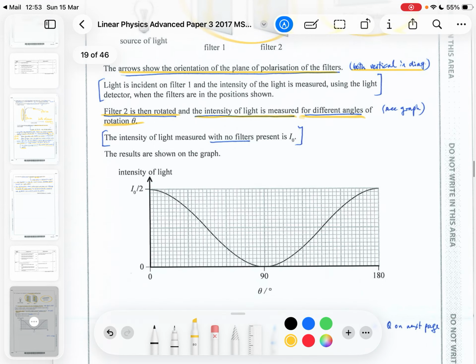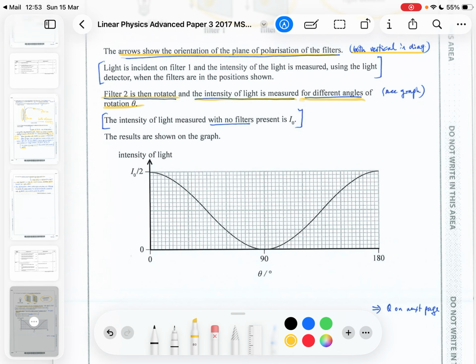And you can see from the graph that at 0 degrees, when filter 2 is in the same orientation, you'll get the 50% of light getting through. But at 90 degrees, it will decrease to 0, because they're exactly perpendicular to each other.